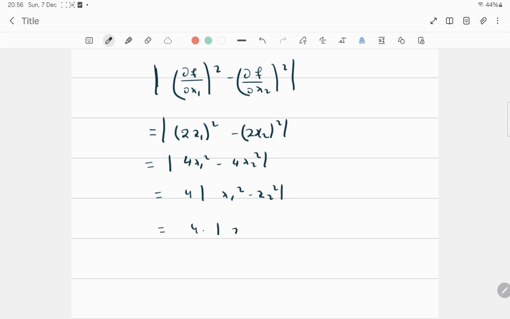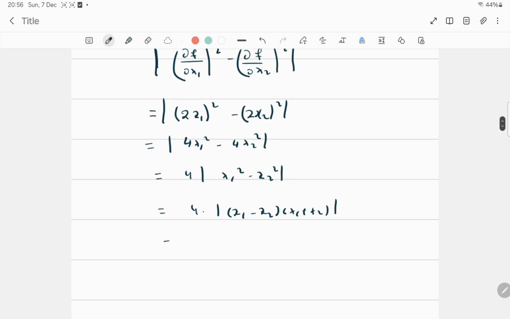That is the difference between two squares, x1 minus x2 times x1 plus x2, and that's going to be 4 times the absolute value of x1 minus x2 times the absolute value of x1 plus x2.